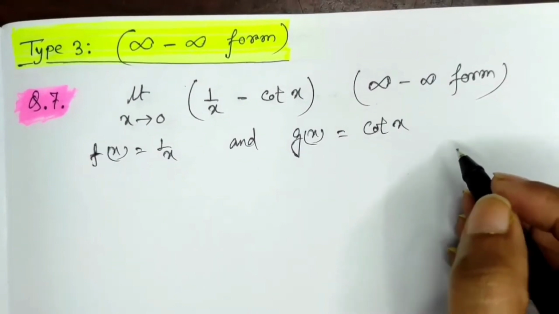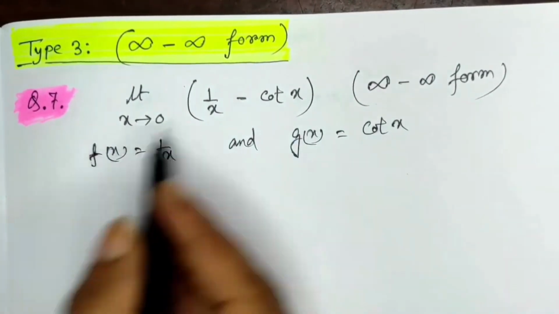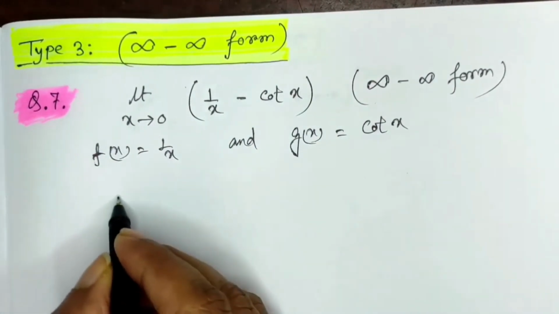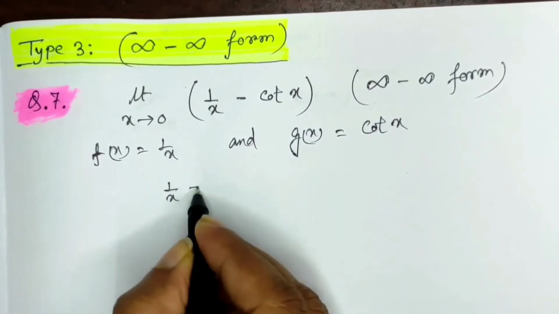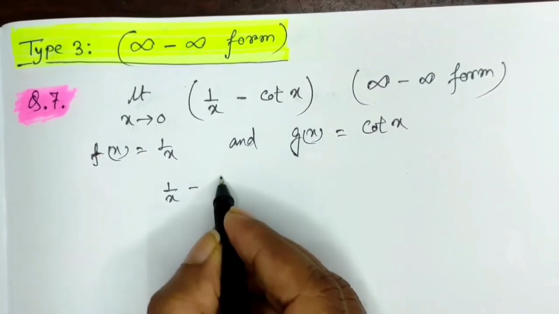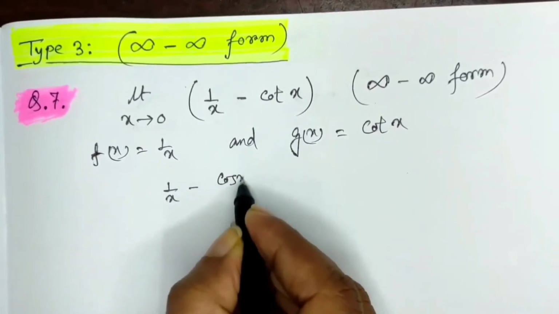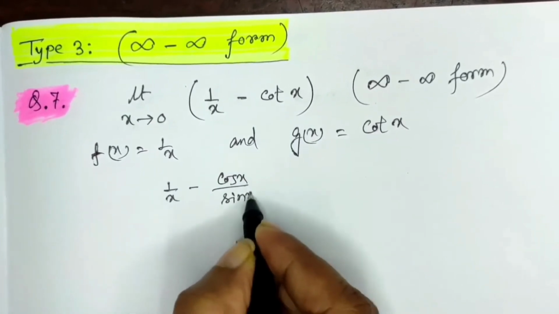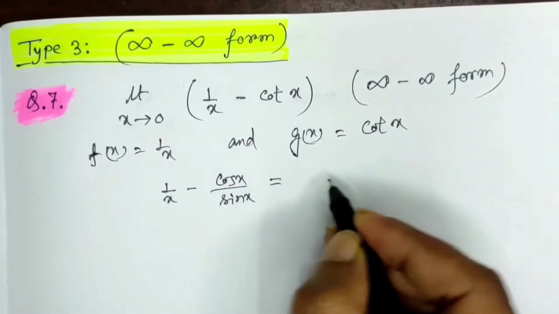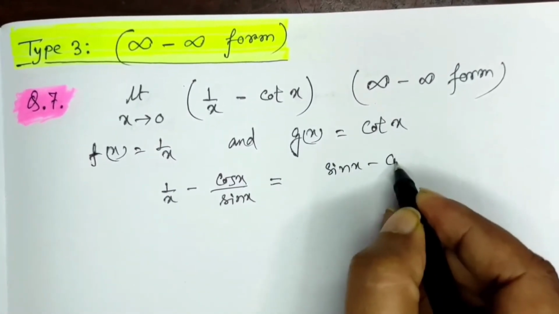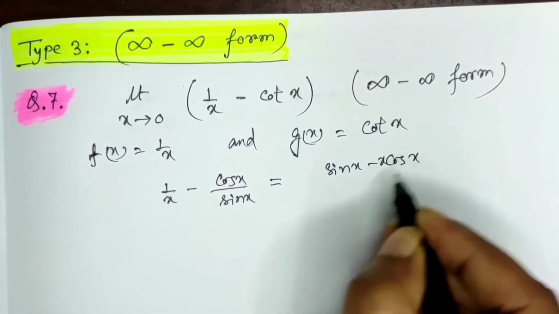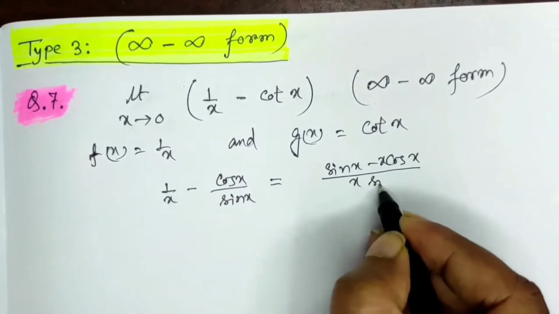For that, if we simplify, 1 by x minus cot x, where cot x we can write as cos x by sin x. Simplifying, we get (sin x minus x cos x) divided by (x sin x).